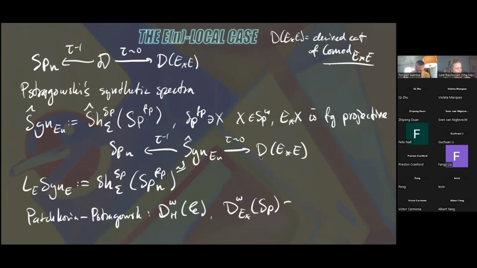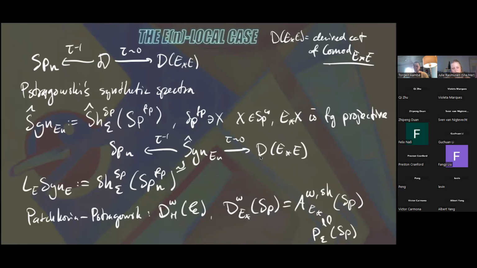I'm not going to have the time to properly define a bunch of these, but I'm going to say vaguely what these are. You take a full subcategory of all presheaves, these spherical presheaves on spectra, and I take only certain ones that are generated by the representables and also closed under finite colimits.